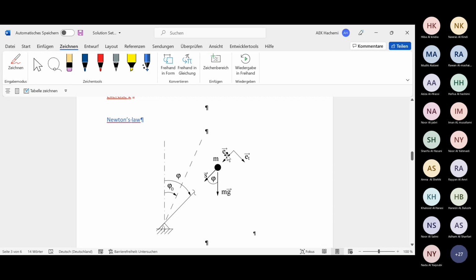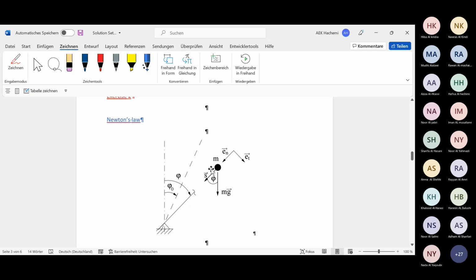We choose the following coordinate system. Instead of using the coordinate system x, y, we use this one. It's up to you where to put it, for example an and at.